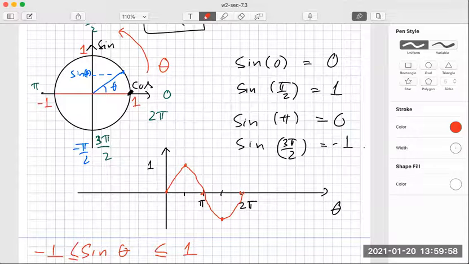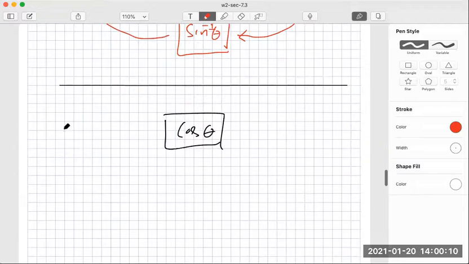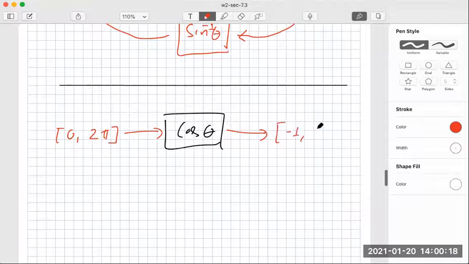Cosine at 0 would be 1. Cosine at pi over 2 will be 0. Cosine of pi here will give us -1. So if we take the angle from 0 to 2 pi here, then the range of cosine will be from -1 to 1.